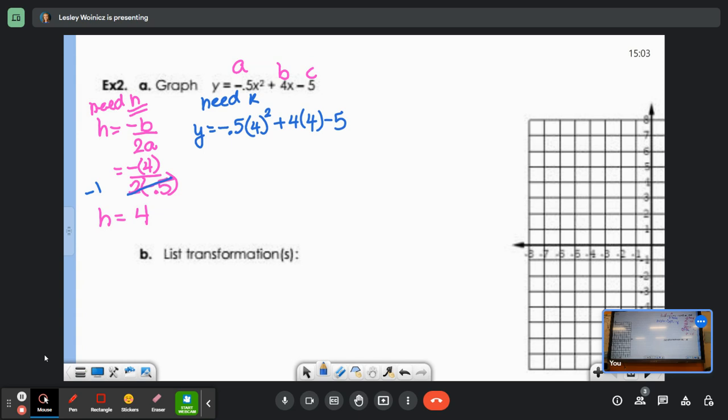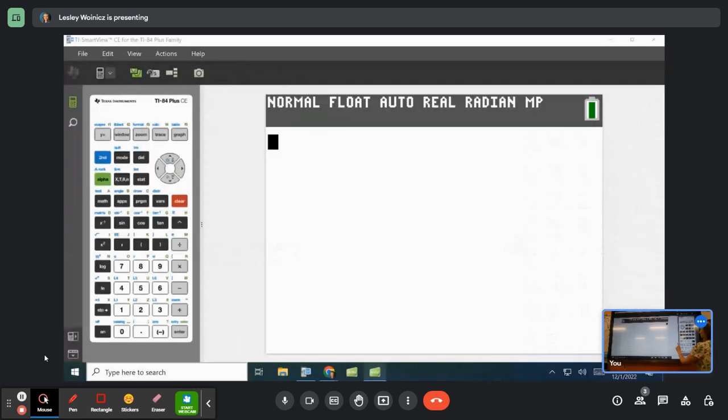Anyone feel like mashing this out with mental math? Or do you want to use a calculator? Okay, I'm going to use a calculator.